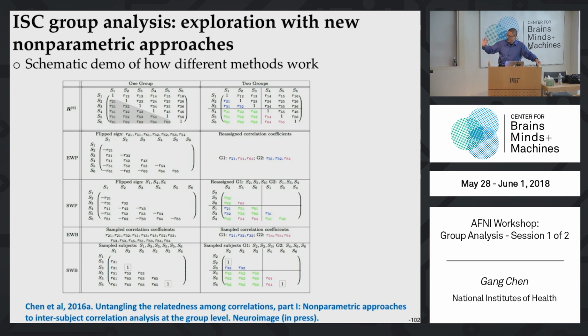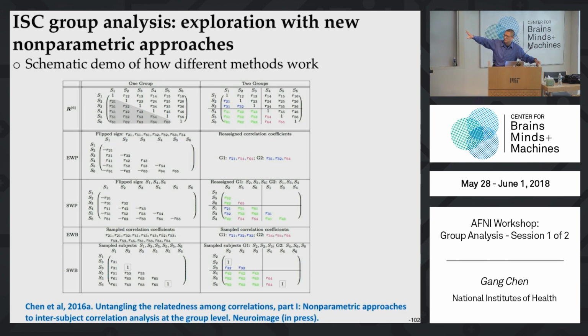So our first paper basically focused on either bootstrapping or a permutation test. But instead of shuffling the time series at the individual subject level, we shuffle among the subjects.